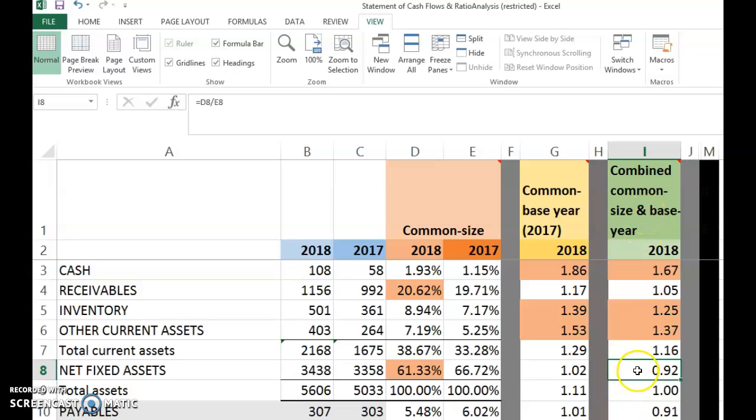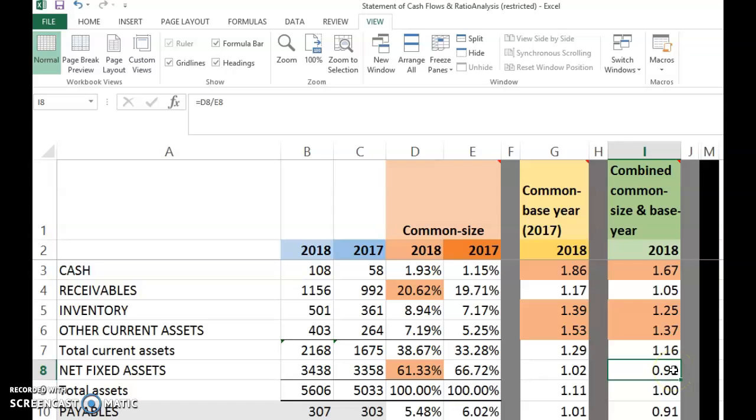How do you get this? Because in terms of the common size proportion, the net fixed assets was only 61.33% of total assets. But in 2017, the base year, it was 66.72%, which was higher. Therefore, it is lower in proportion terms.